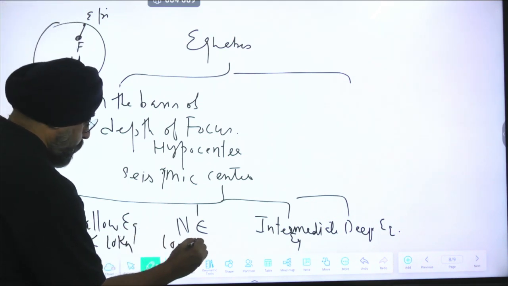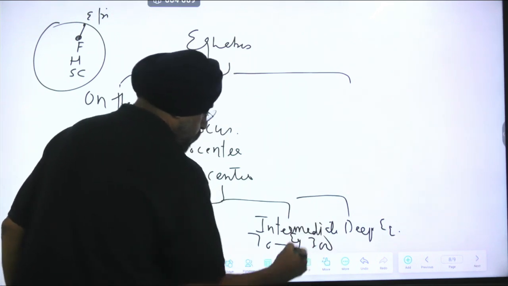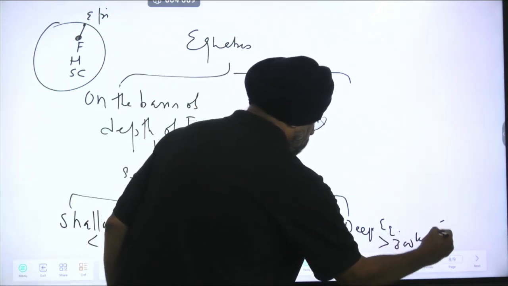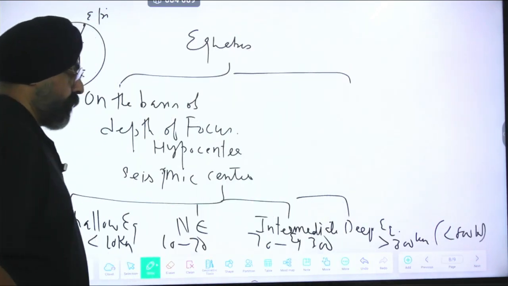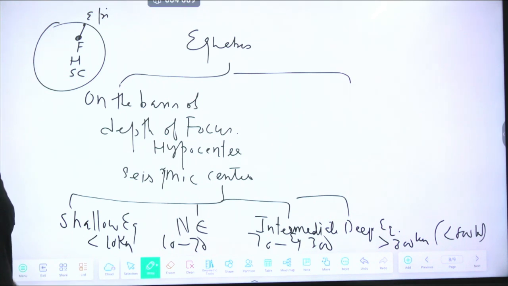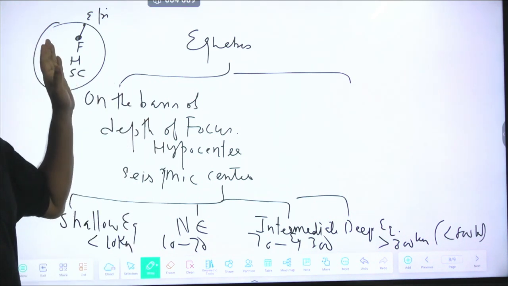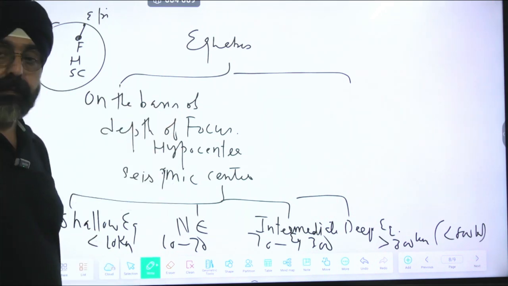Then 10 to 70 kilometers, 70 to 300 kilometers, and more than 300 kilometers but less than 800 kilometers. This is on the basis of depth of the point from where the seismic activity started, where the P wave and S wave, the body waves, started.